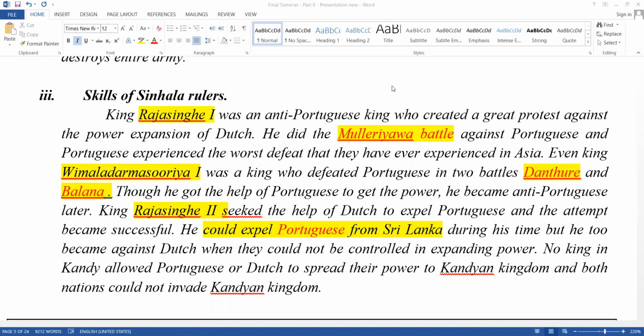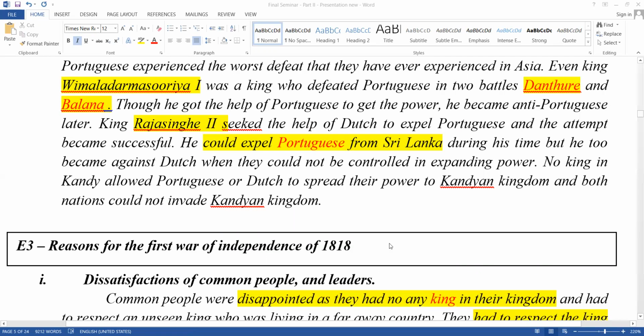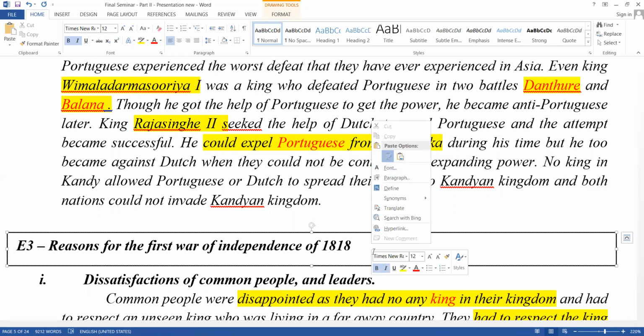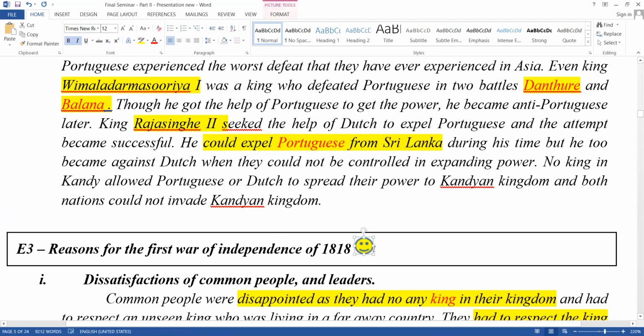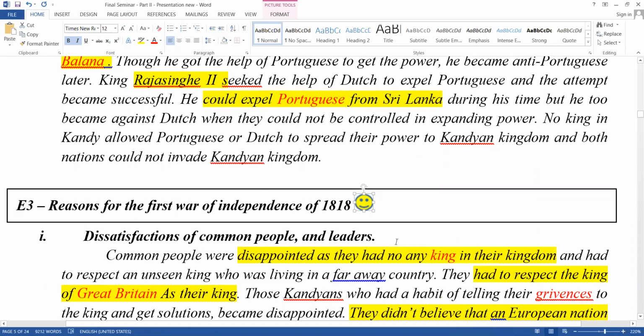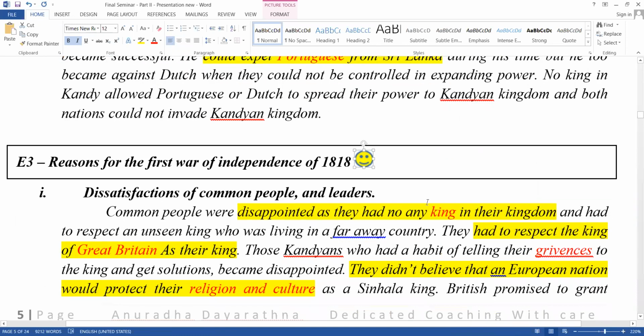Okay. Right. So then this is the next question. This is also very important. Once again, this is also a smiling face question. Reasons for the first war of independence: dissatisfaction of common people and leaders. Why were common people dissatisfied? Because they had lost their king.